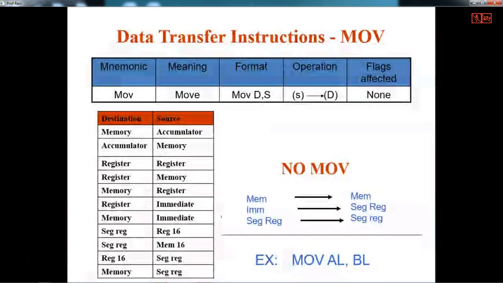Coming to the data transfer instructions, MOV is one example of the instructions. The mnemonic is MOV, meaning moving data. So the format is MOV. What do you want to move?